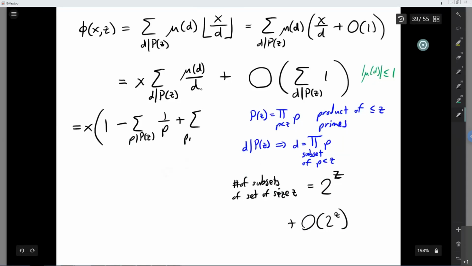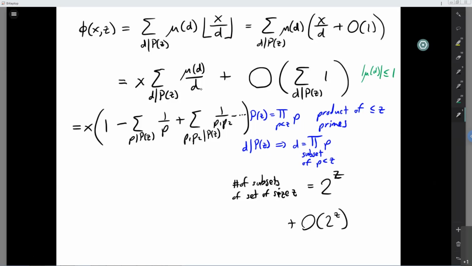So we get p1 and p2, which are distinct primes, dividing p of z. The Mobius function of a product of 2 distinct primes is positive 1, and then you get 1 over p1 p2, minus dot, dot, dot. This pattern continues for all the possible sizes of this subset.